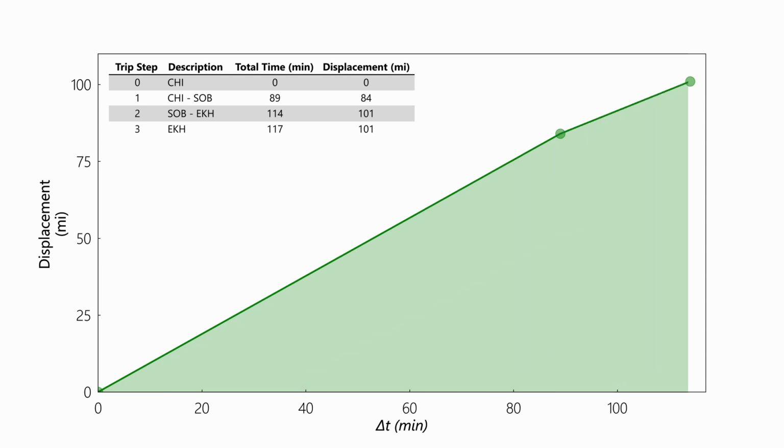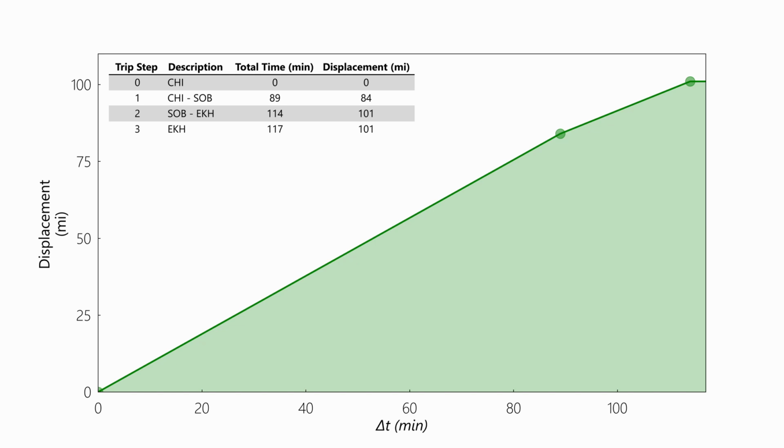And since trip step 3 indicates the train stops for 3 minutes at the EKH station, we know the train isn't going anywhere during this time, and we can just draw a flat horizontal line after this station. So, in reviewing this plot, a particular point along the green lines represent the train's current displacement from Chicago at a particular time. The green circular points represent the train stations along the route.